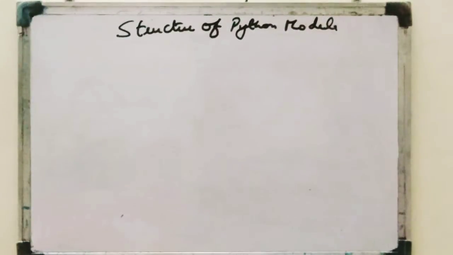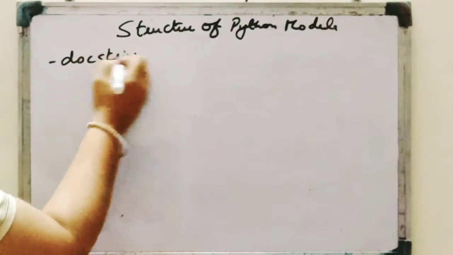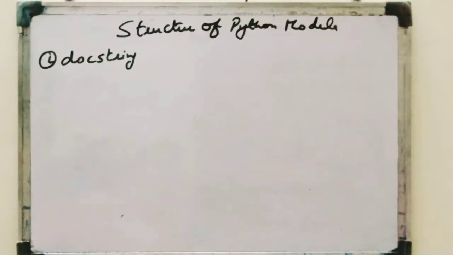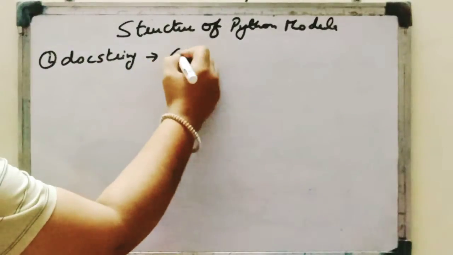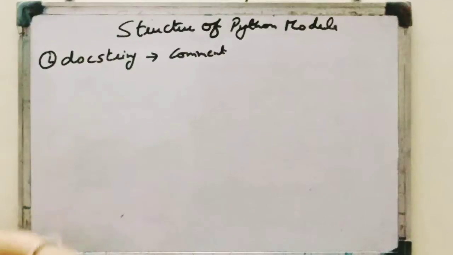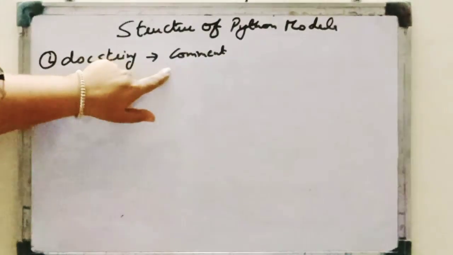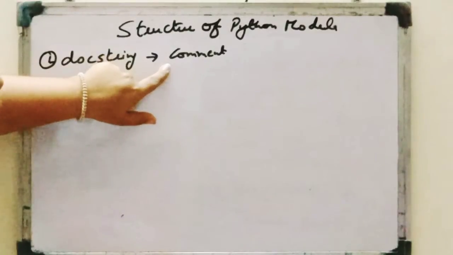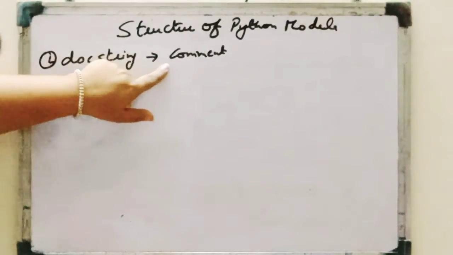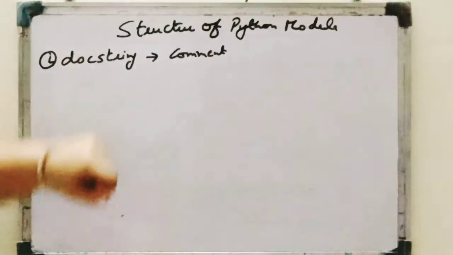In the structure of a Python module, very firstly we have a docstring. Now what is a docstring? A docstring is basically a comment which comes at the very top of the program, which documents and tells you what this program is. It is only the comment part, it will not be executed at all.